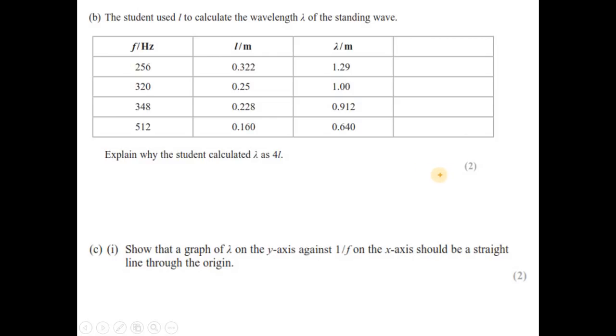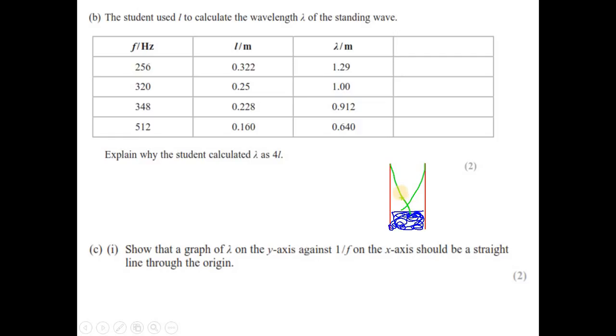If I draw the air column, something like this is the air column, and suppose till here you have the water level. And then this is the air column or the standing wave formed like this.